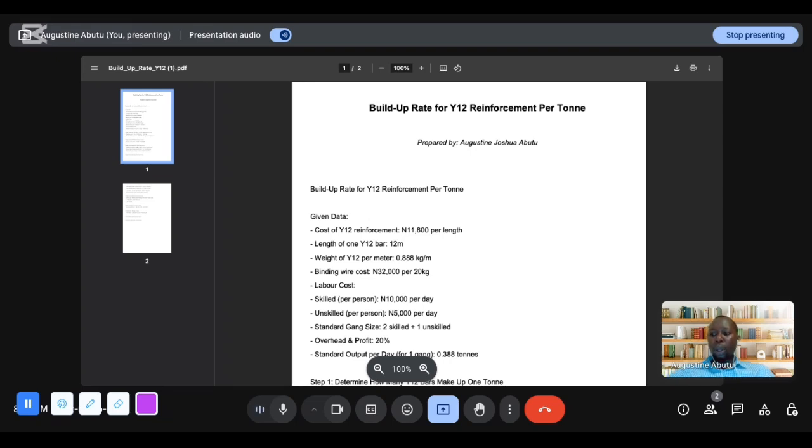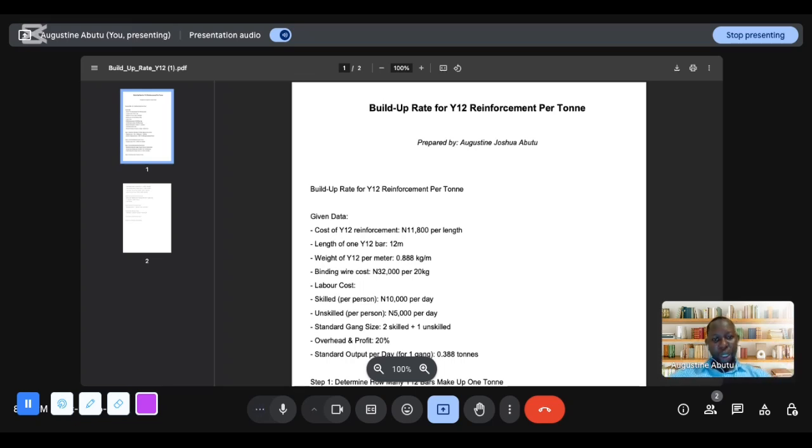So first of all, before we continue, we'll be converting our reinforcement to a ton. Now we have the price for one length, so we need to know how much one ton costs, right?